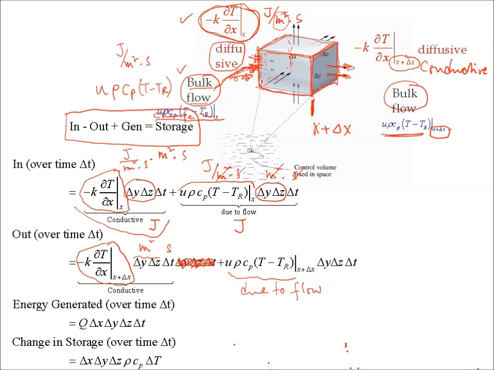Again, this is flux, and this is multiplied by area and time. So again, you see each one of these is joules. So these are the joules that go out. So the in term that we calculated goes in here, and the out term that we calculated goes in here.